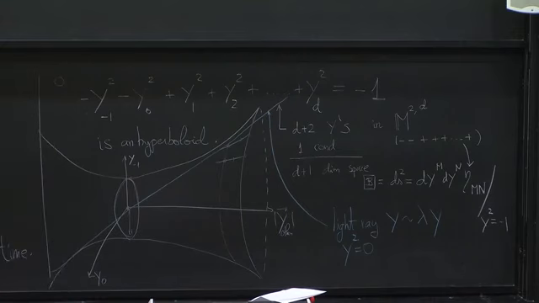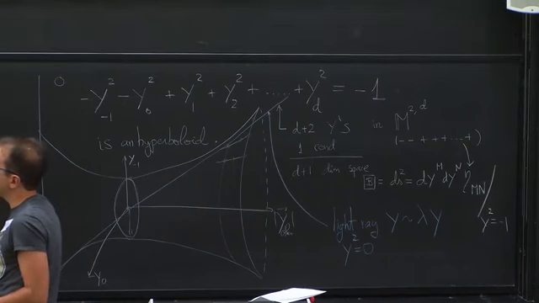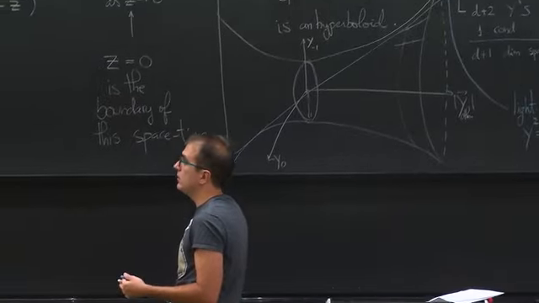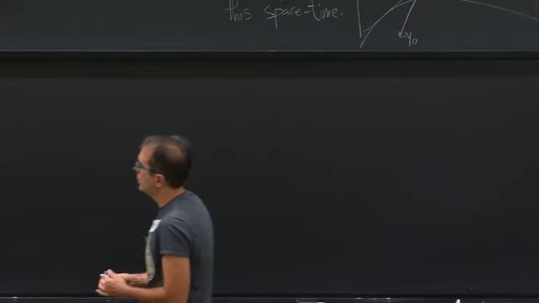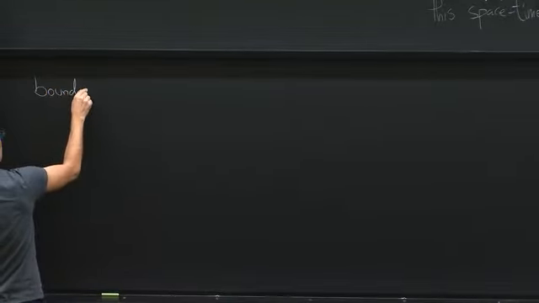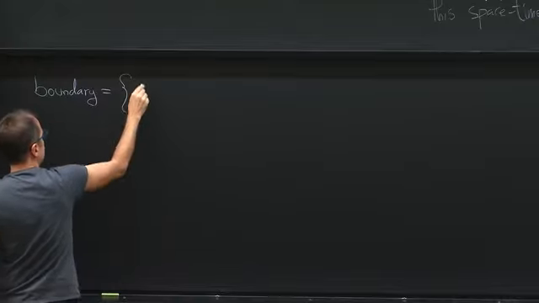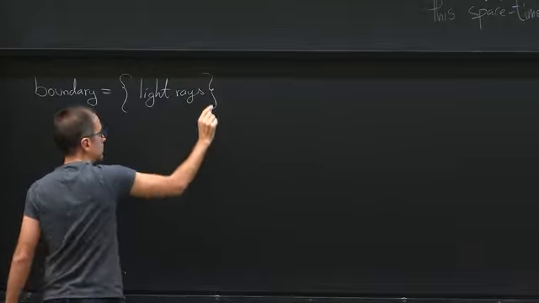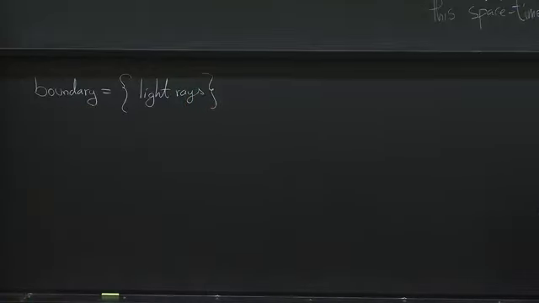And so let me write it somewhere. This conformal block stuff we don't need anymore. Just move it up. And so the boundary is equal to the set of light rays. Okay, this is a state. And that is a hyperbola.